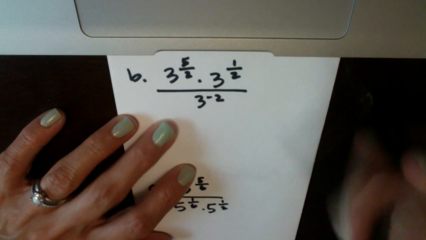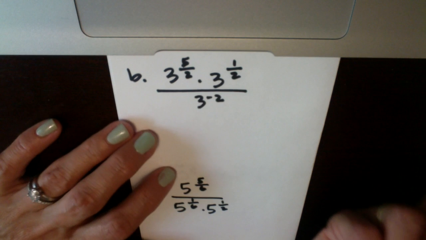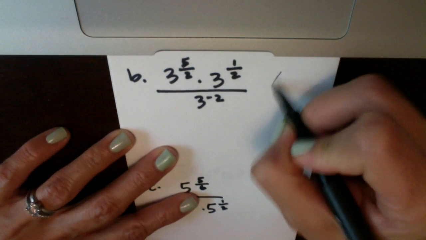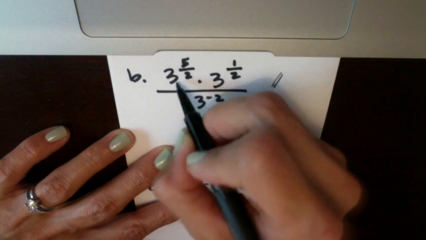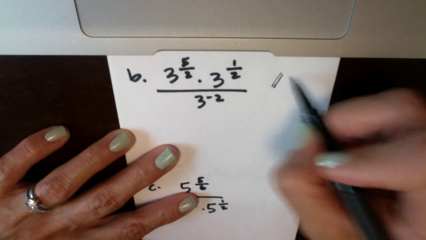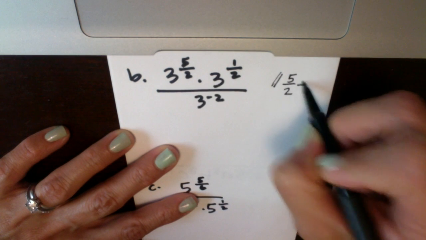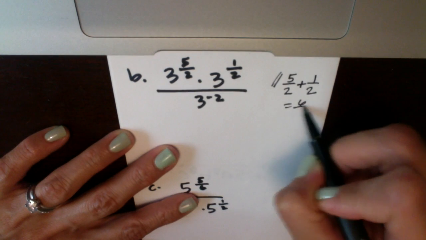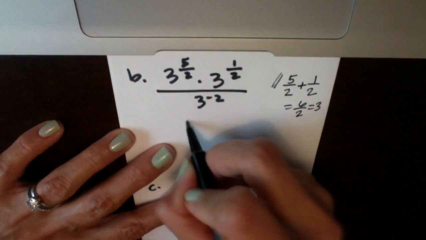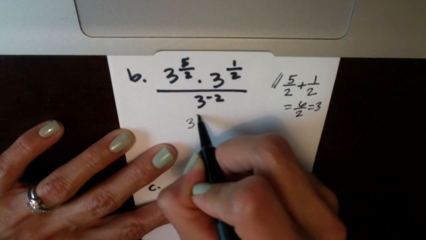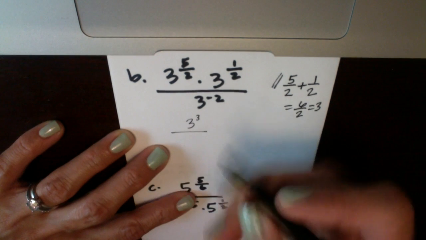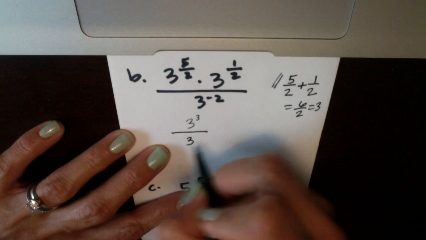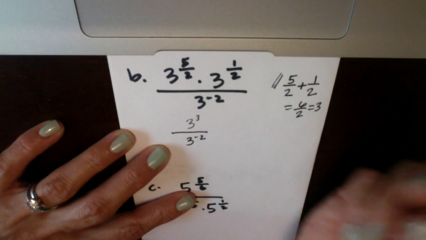So similarly, like the last couple of problems, we're going to look at the numerator first. Same bases, so we're going to add those exponents. So 5/2 plus 1/2 is going to equal 6/2, which is just 3. So the numerator simplifies to 3 to the 3rd power. You still have 3 to the -2 in the denominator.